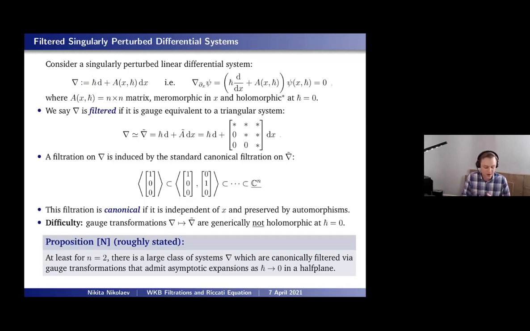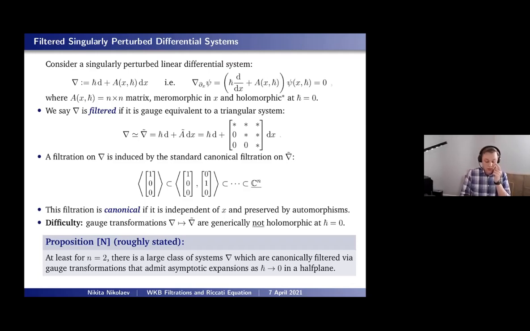Again, at least in rank 2, there's a very large class of systems which can be filtered in a canonical way via gauge transformations, which are holomorphic in X and holomorphic in a sectorial domain in H bar, and they admit an asymptotic expansion in that sectorial domain, and that sectorial domain has the opening of a half plane. So basically, that's the statement.